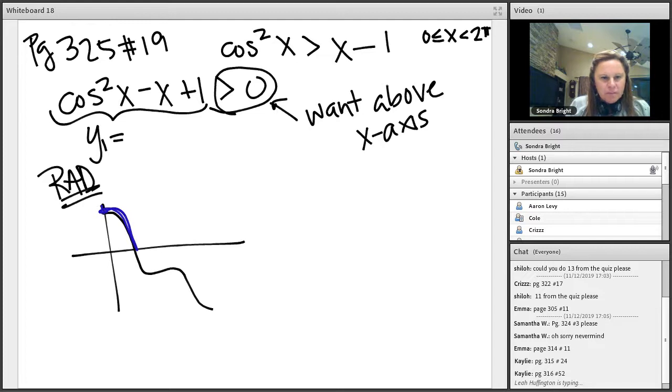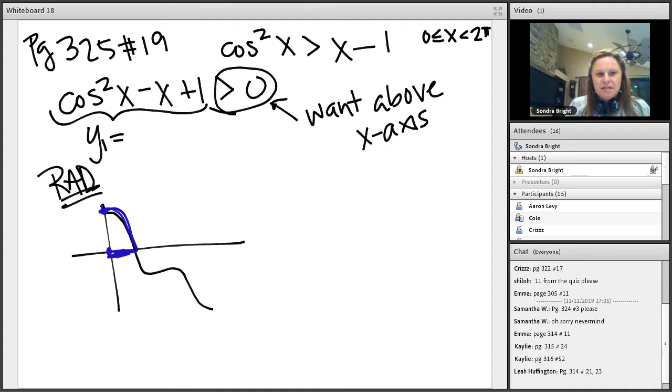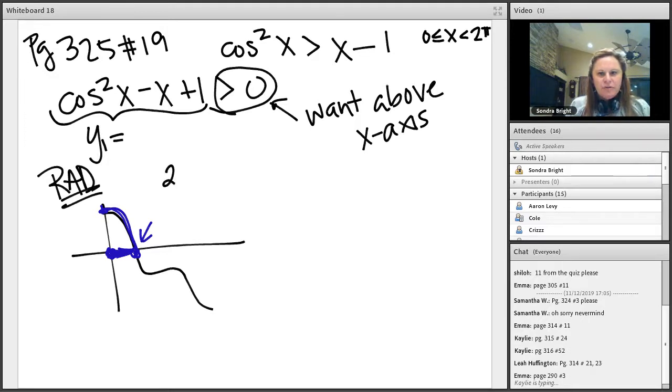And so it'll be all these x values right there. So I know it'll start at 0, and then I just need to figure out what is that zero right there. And to find that, you're going to do second trace to bring up the calculate menu, and then number 2, just push the button 2 for zeros, and then it'll say left bound question mark.